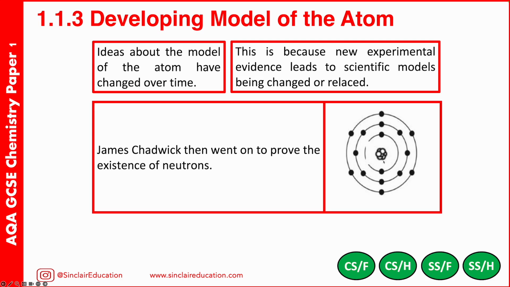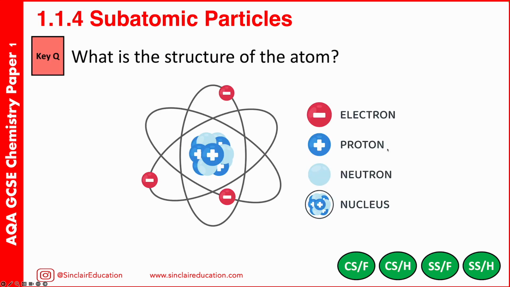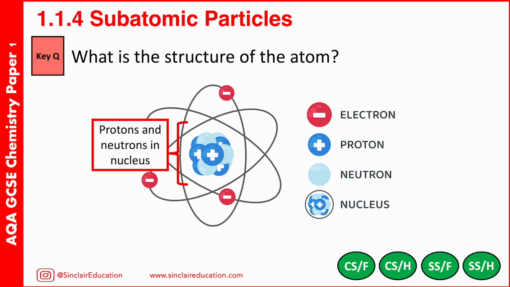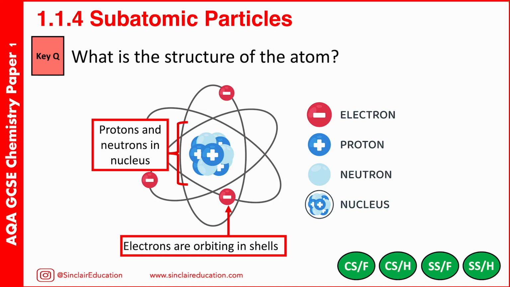So only at this point have we now got all 3 structures of the atom in place, those protons, neutrons and electrons. So our general structure of the atom is very much a GCSE level where James Chadwick finished. We've got a nucleus in the centre containing protons and neutrons and electrons around the outside.